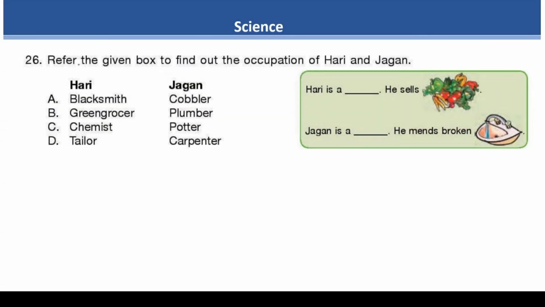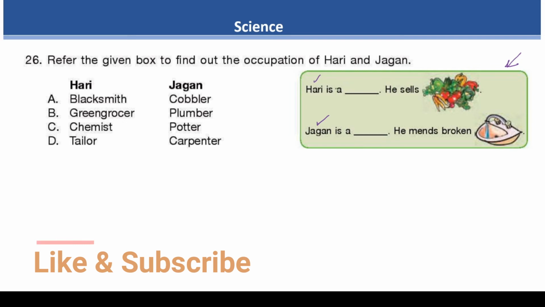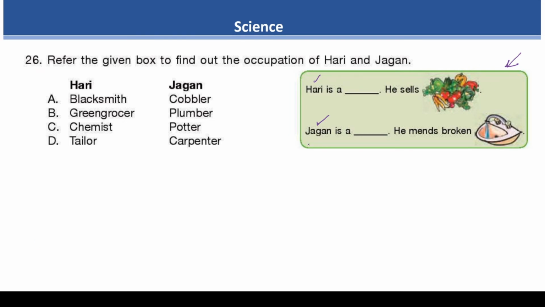Next question. Refer to the given box here to find out the occupation of Hari and Jagan. Hari is a dash, he sells, and vegetables are shown here. Jagan is a dash, he mends broken, and a sink is shown here. So choose the right profession of Hari and Jagan.